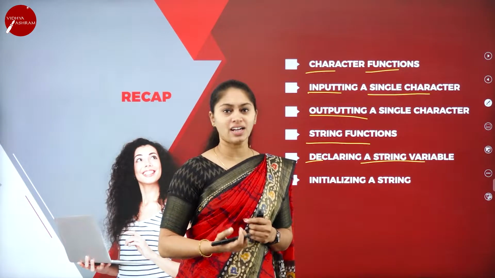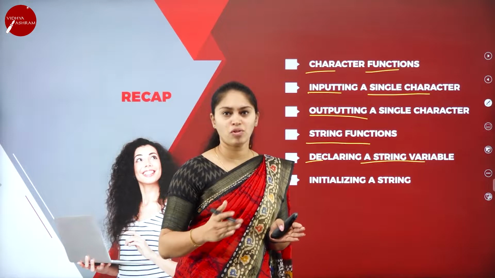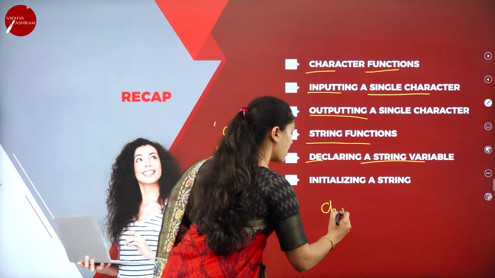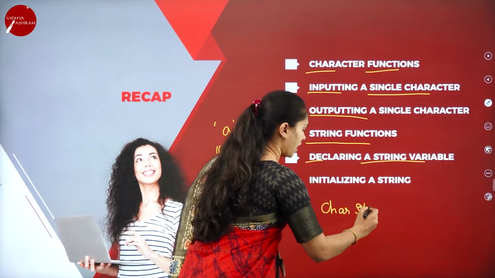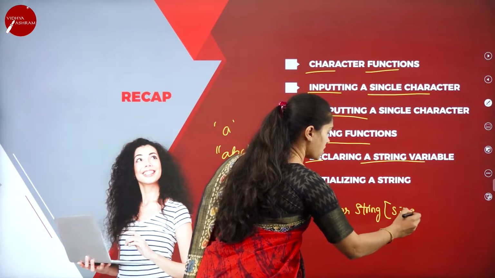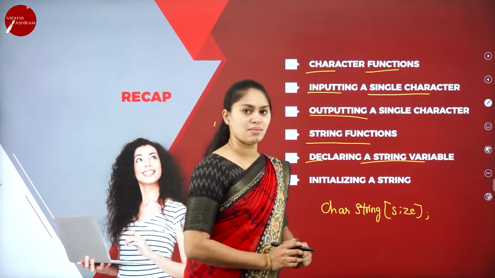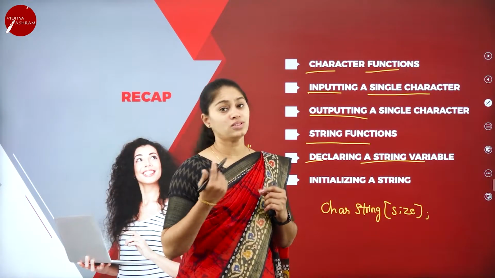Instead, a string is considered a sequence or stream of characters. So for the declaration, we use the char data type, specify the string name, and within square brackets specify the size, and at last put a semicolon. This is how the declaration of a string variable takes place.